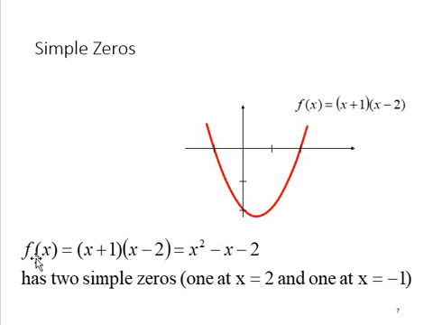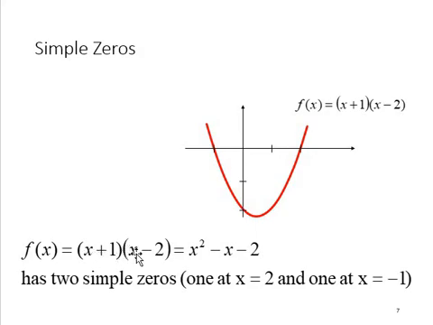So if you are given a function f of x which is equal to x plus 1, x minus 2, this means that your zeros are at x equals minus 1 and x is equal to 2. So this graph will cut at x equals minus 1 and x equals 2 like that.